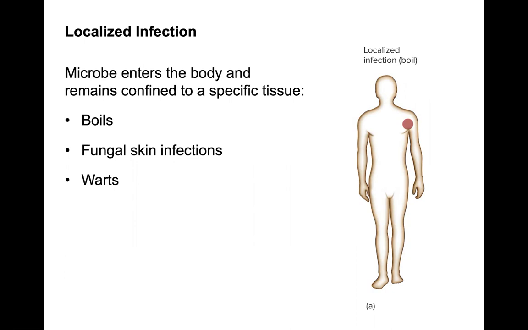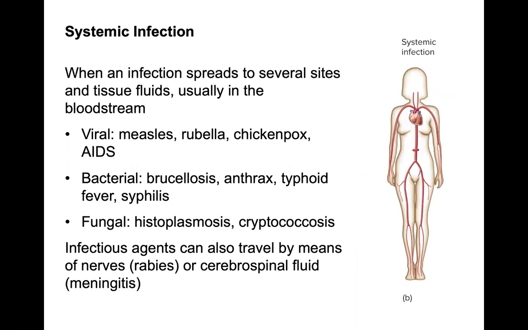Localized infection, this is when the microbe enters the body and remains confined to a specific tissue, such as fungal skin infections, a wart, or boils. Systemic infections, this is when an infection spreads to several sites and tissues, fluids, usually in the bloodstream. Viral, this could be measles, rubella, chickenpox, HIV.